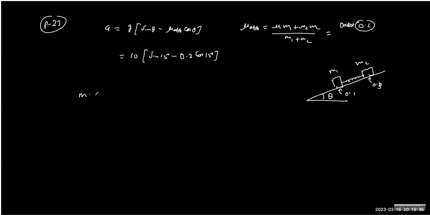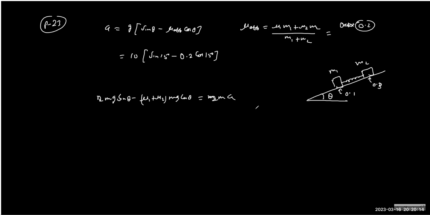Because they're moving together, the net force is 2mg sin theta minus the sum of coefficients into mg cos theta equals the total mass, which is again 2m, into a.